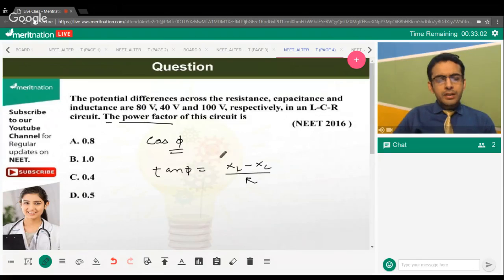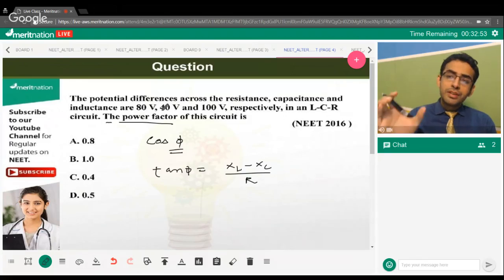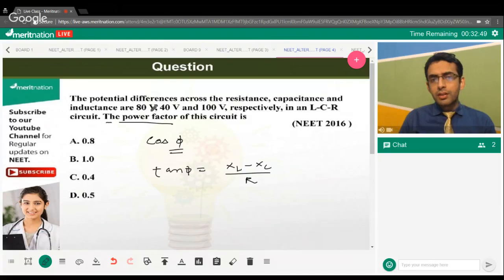In the given question, XL, XC, and R are not given, but we are given the potential difference across the inductor, the capacitor, and the resistor. So how to do this question?